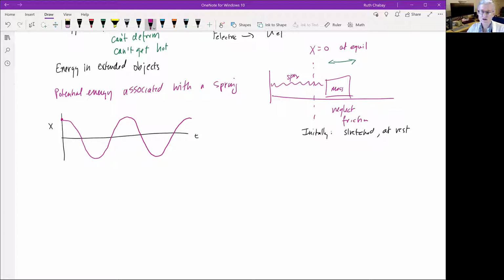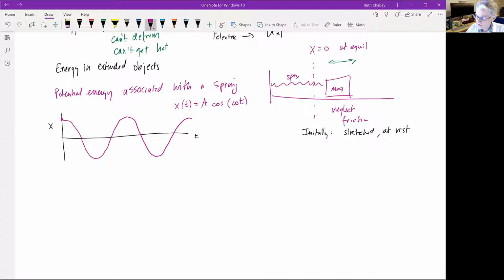And we saw that we could solve a differential equation, using the instantaneous form of the momentum principle, to get an equation for this motion. So x of t was some amplitude, which is just the initial stretch, times the cosine of omega t.